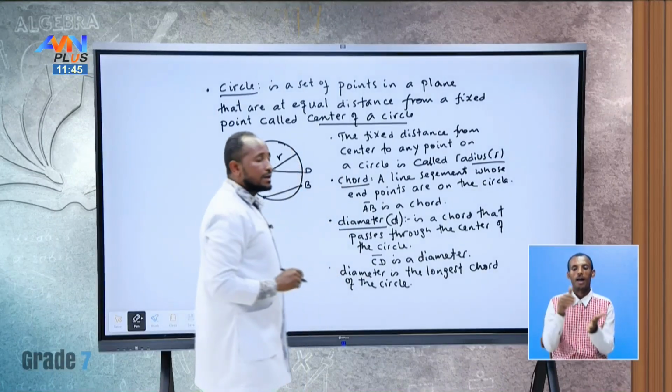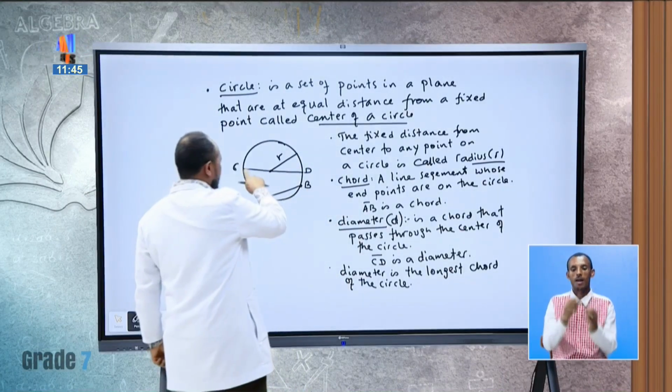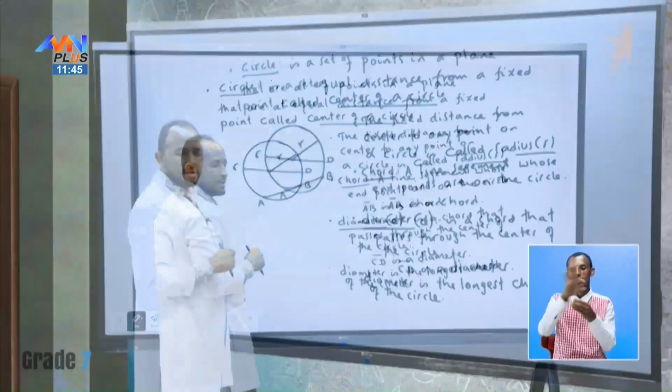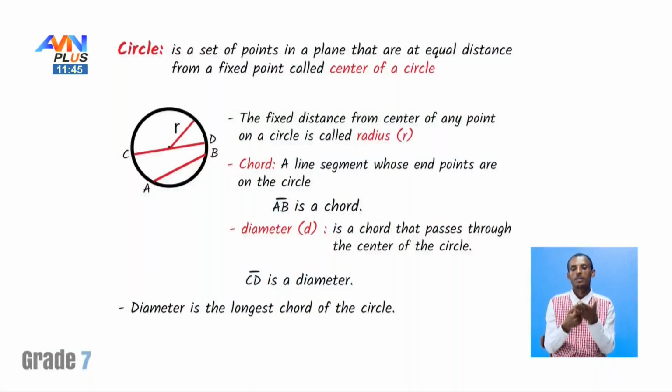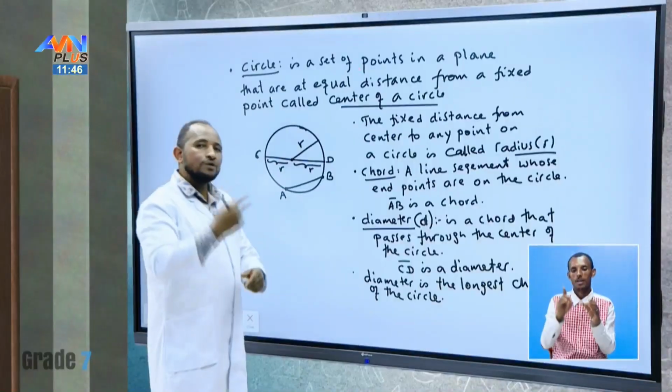Again, you can relate the diameter of a circle with the radius. Look here, the distance from center of a circle to any point on a circle, we say it is radius. Again, this part is also a radius. So this diameter is twice of radius.